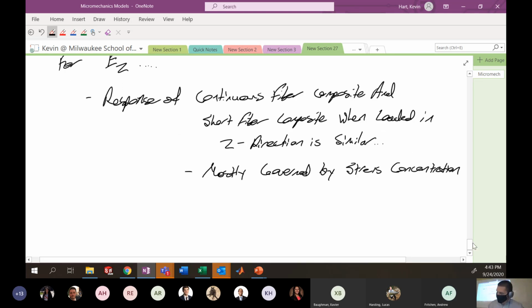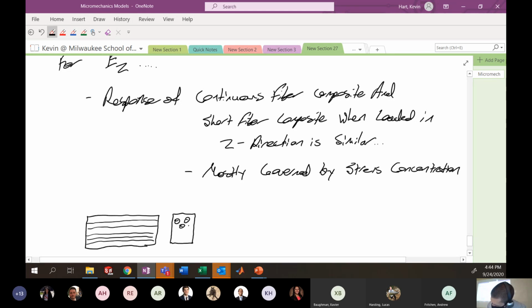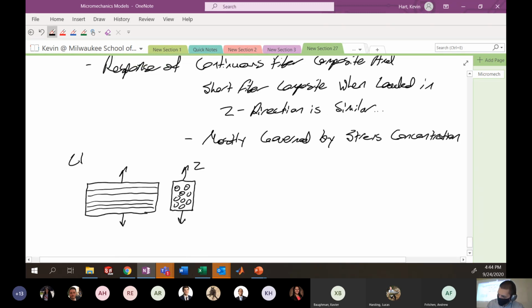So what do I mean by that, pictorially? Well, if you've got a continuous fiber composite, you've got this sort of action going on, looking at it from the side. Here you are loading in this general direction, like loading in the 2 direction. With continuous fiber, the response is mostly governed by stress concentration.